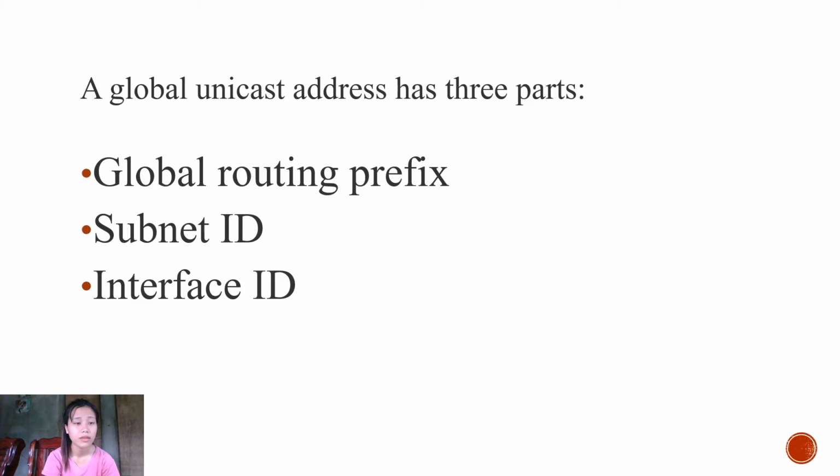A global unicast address has three parts: the global routing prefix, subnet ID, and interface ID.